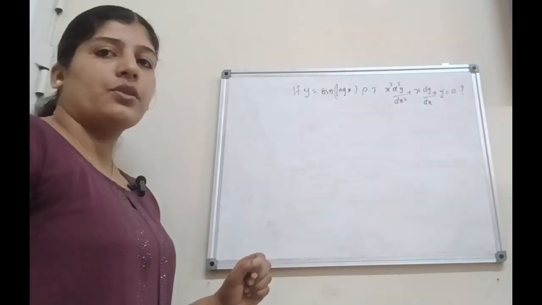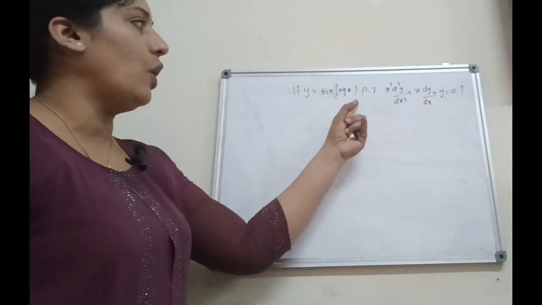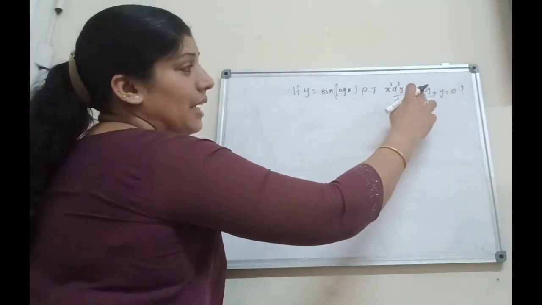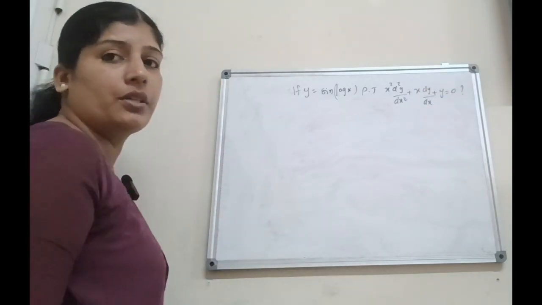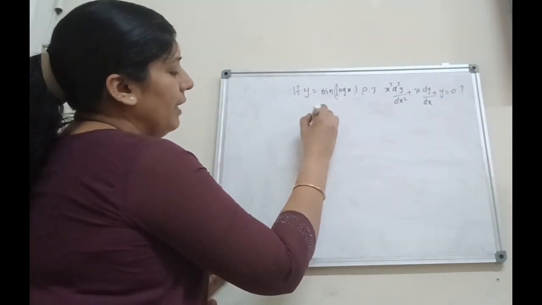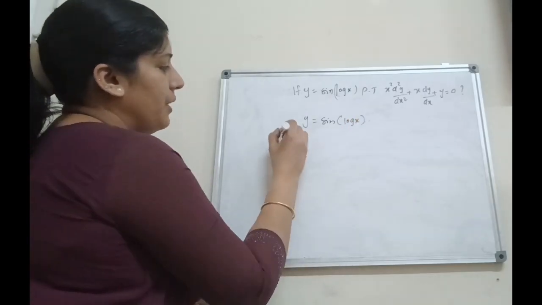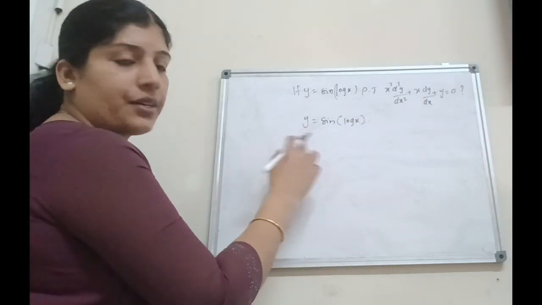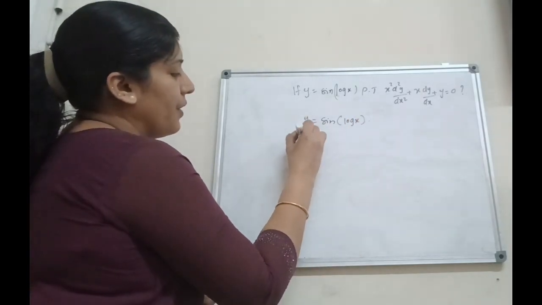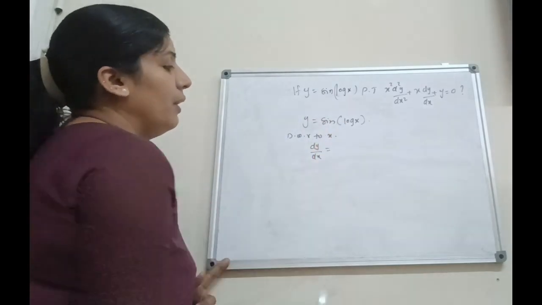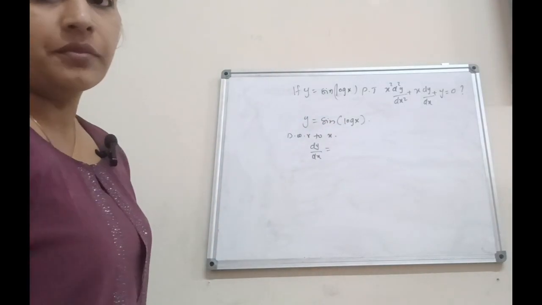Next question. If y equal to sine of log x, prove that x square into d square y by dx square plus x into dy by dx plus y equal to 0. Here given y equal to sine of log x. First, we have to find out the derivative of the function with respect to x. That is, differentiate with respect to x. dy by dx equal to d by dx of sine of log x.